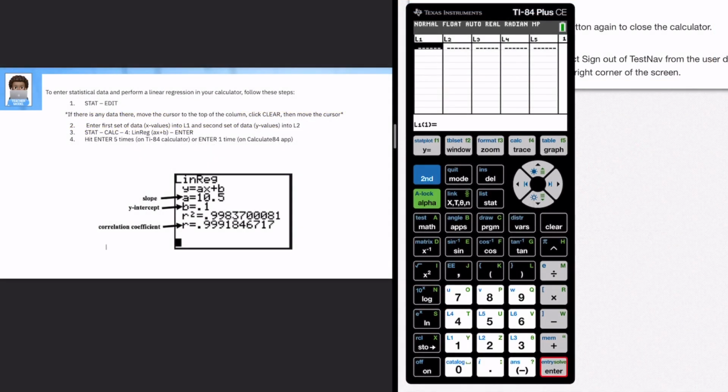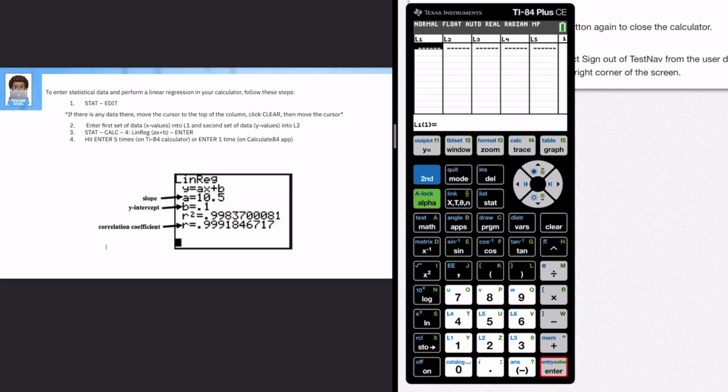Okay, so let's say you took in all that statistical data and followed the steps. You're going to get a page that looks like this. This is what you want, and what we're looking for is that A, and that's the slope of a line. So our slope is 10.5, our intercept is B equals 0.1.